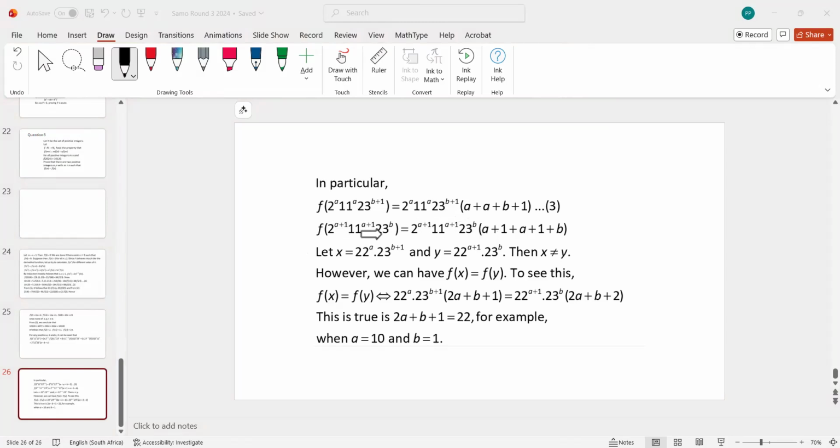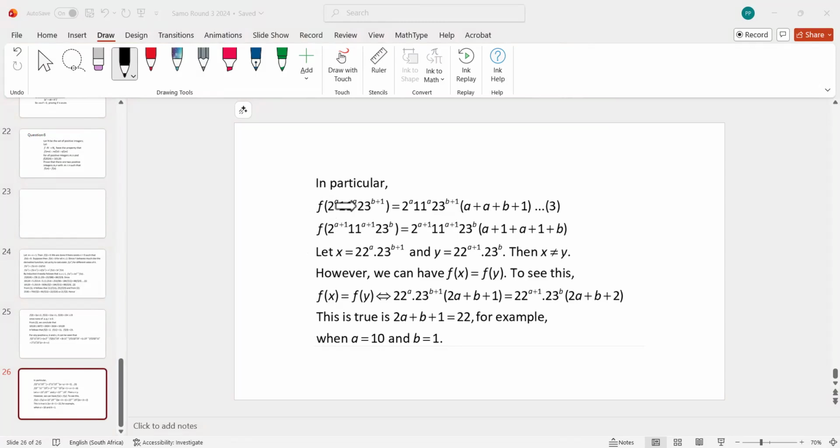They look rather complicated. But if you let x be equal to 22 to the power of a times 23 to the b plus 1. Now this is 22 to the power of a. This is 23 to the b plus 1. Then the whole thing here is x.